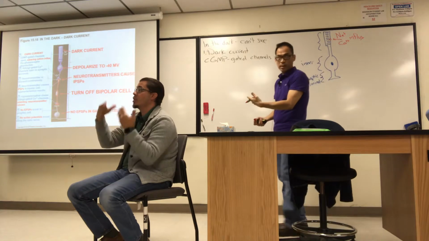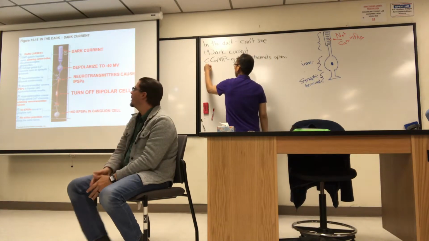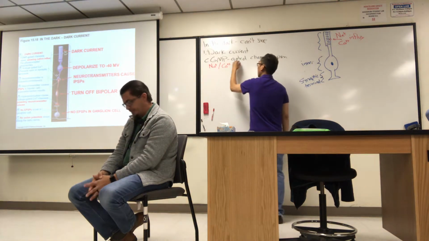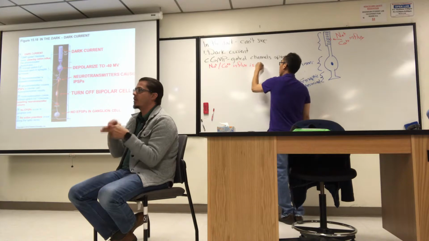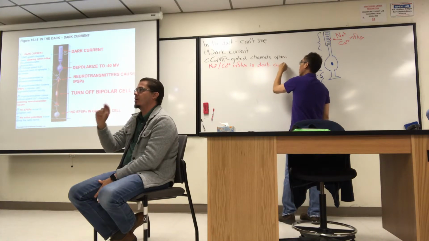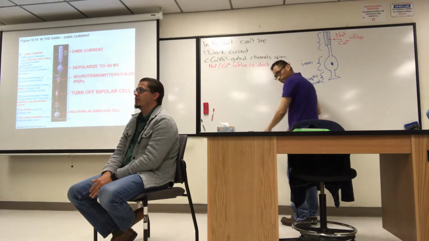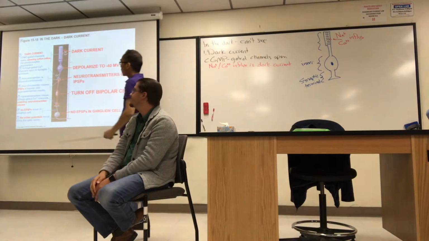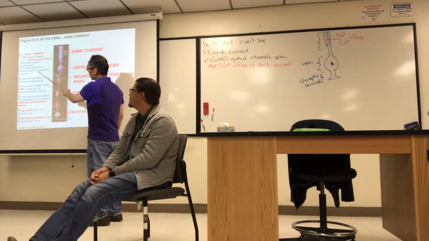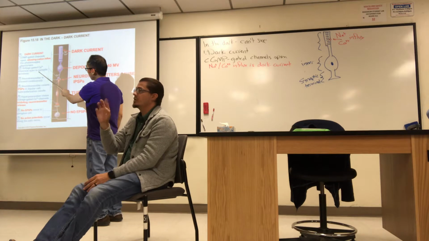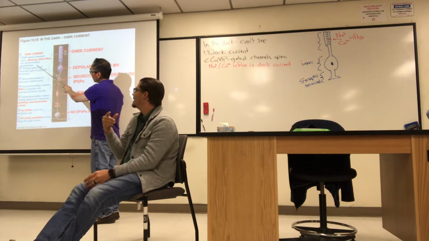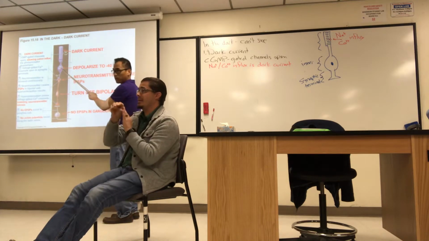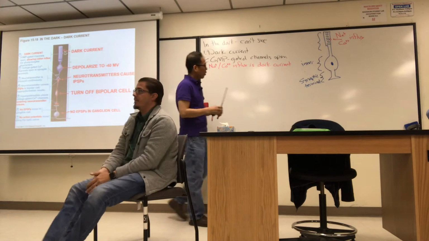That's the dark current. Voltage gated channels open in the synaptic terminal. Oh, well, I skipped a step here. That influx depolarizes the cell. You go from -70 to -40 right there. So try -40. It depolarizes the cell.